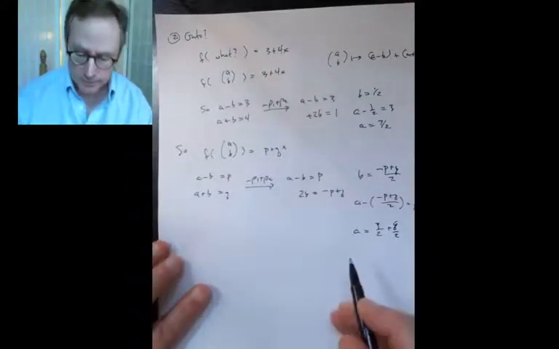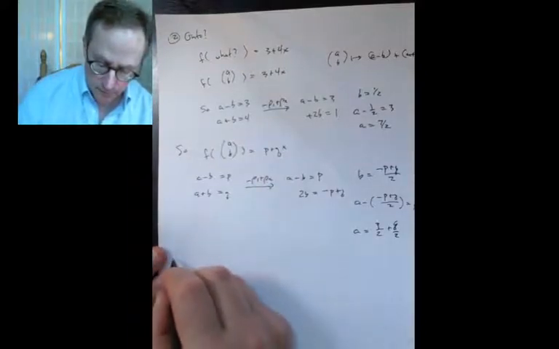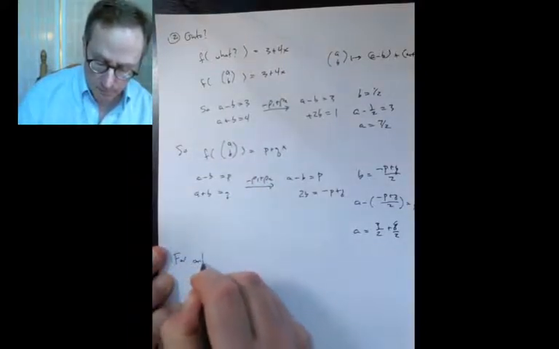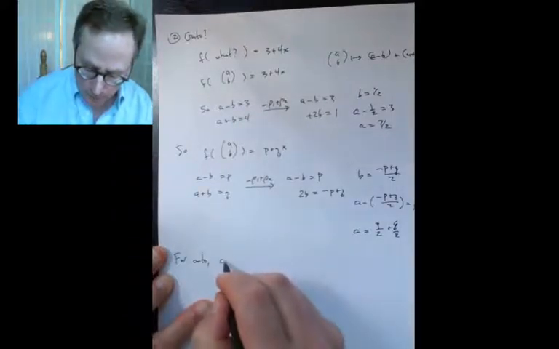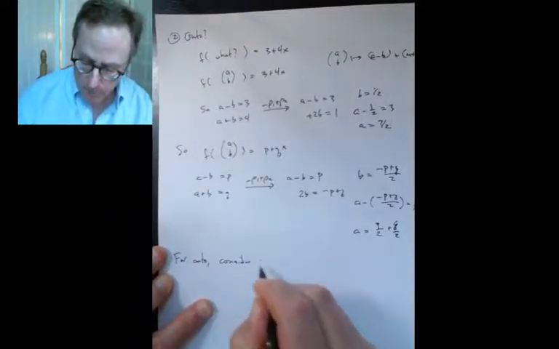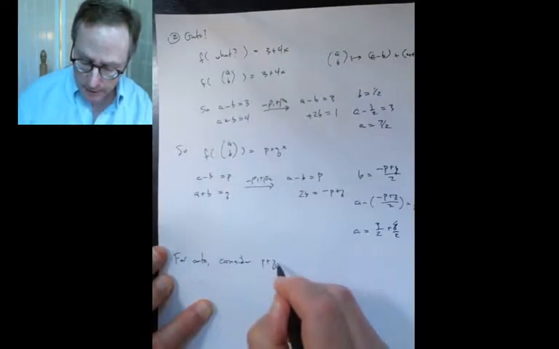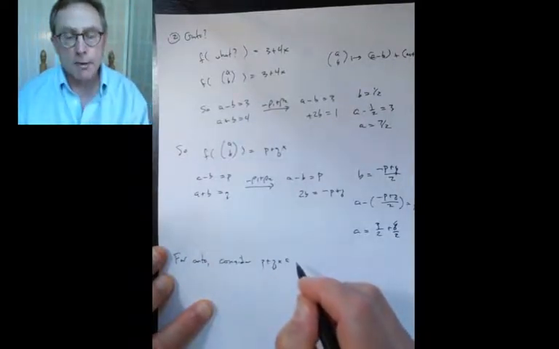Now I'm ready for onto. So here's the argument for onto. So consider p plus qx in the outputs.